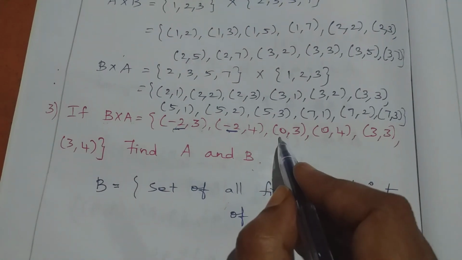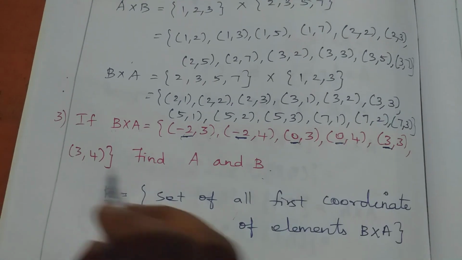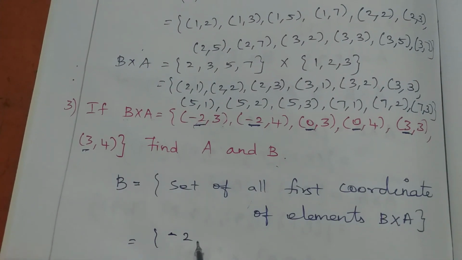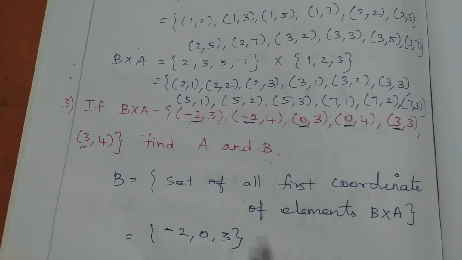Minus 2. Next 0. Next 3. So the B set has what elements? Minus 2, 0 and 3.